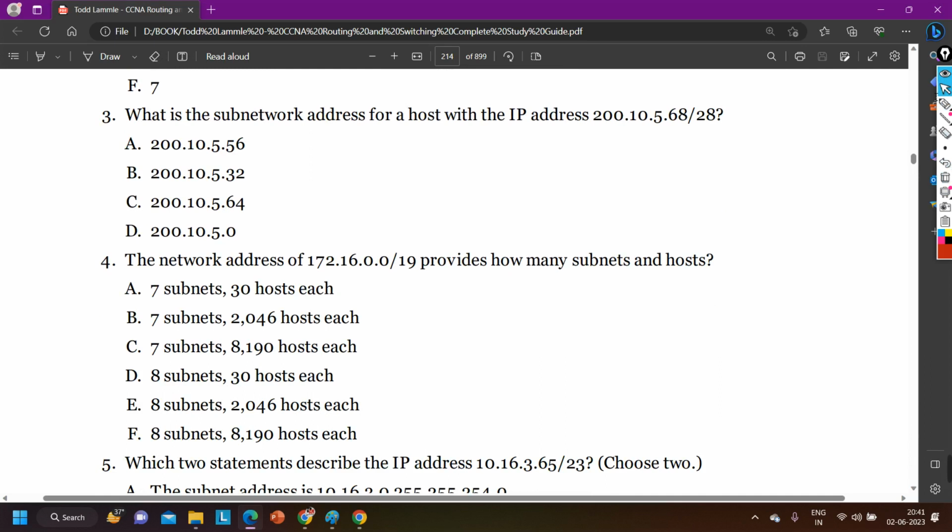What about this example? What is the subnetwork address for a host with the IP address 200.10.5.68/28? Now tell me what is the answer to this question.